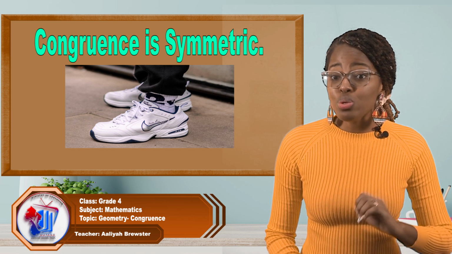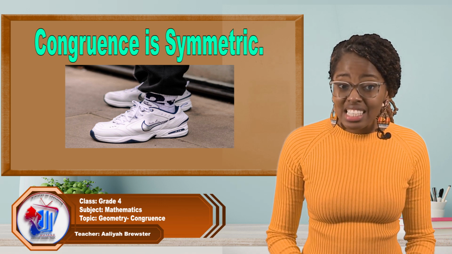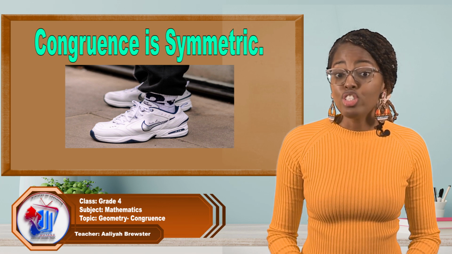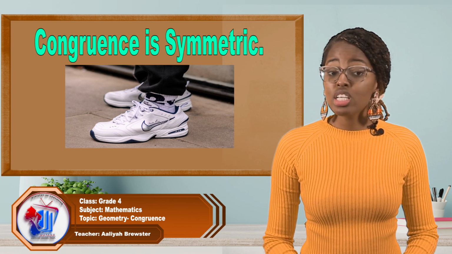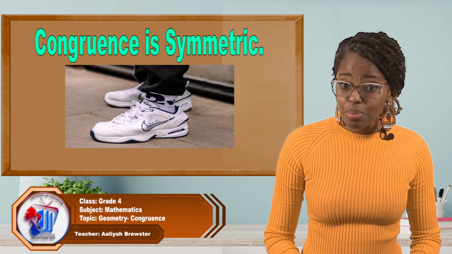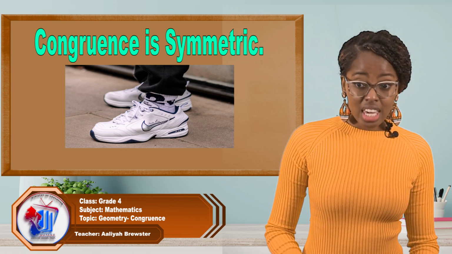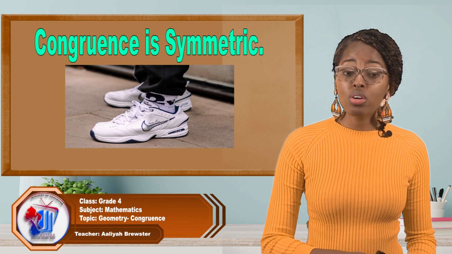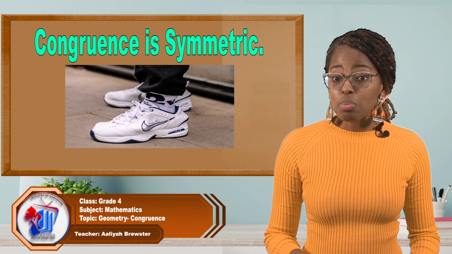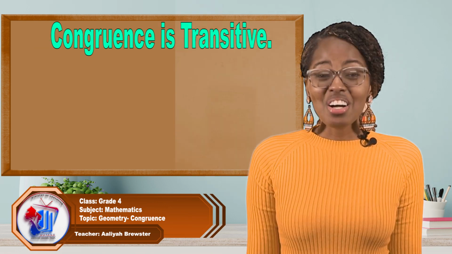The pair of new sneakers you got are evidently identical or congruent to your friend's sneakers. So, are your friend's sneakers also congruent to yours? The answer is yes to both questions. If A is congruent to B, then B is also congruent to A. This means that congruency is symmetric.